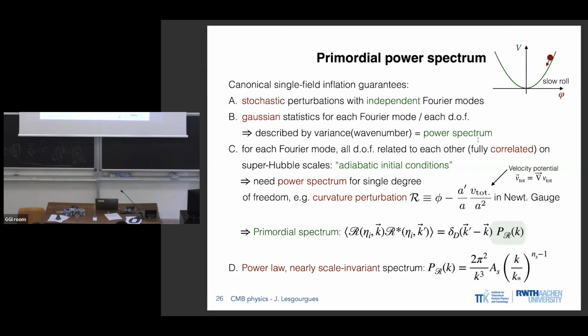But then their amplitude will be washed out by the expansion, it will go down like 1 over a. Very soon, a few e-folds after this mechanism happens, you can already neglect your vector modes. Vector modes would play a role in the CMB if you have a mechanism that is continuously sourcing them.